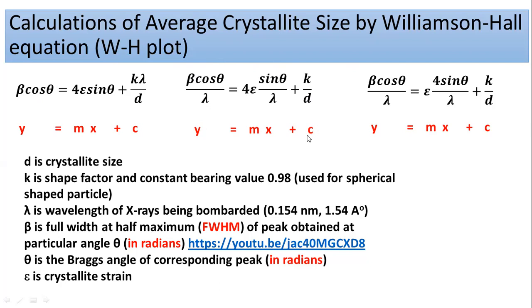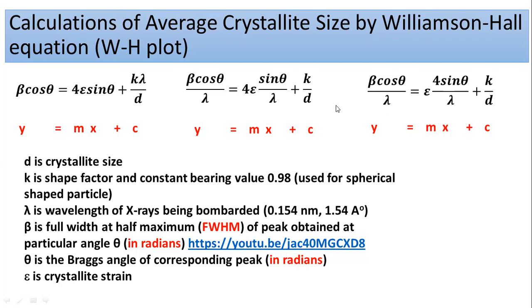Again, there will be no change in the final answer. And here the y would be equal to beta cos theta over lambda, and 4 epsilon would be the m, and here x would be the sine theta over lambda, and the intercept would be the k over D. So with the intercept, you will directly calculate the value of D, which will be equal to k over the intercept.